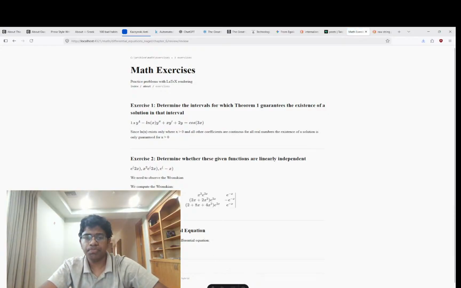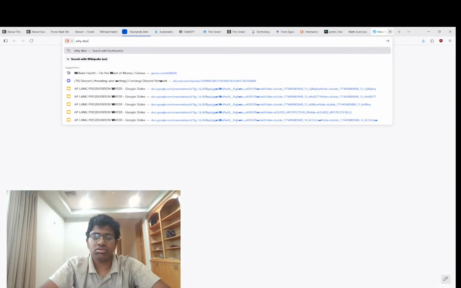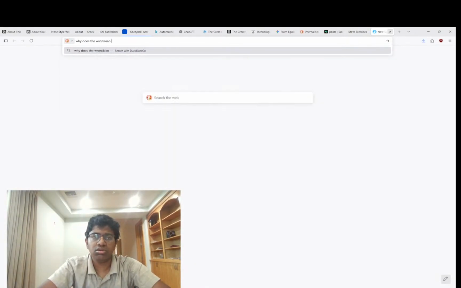So it's independent. Cool. Now let's look at why the Wronskian meaning solutions are linearly independent.